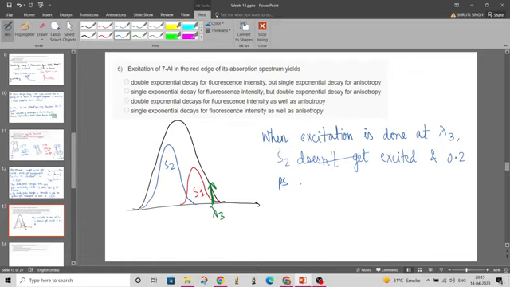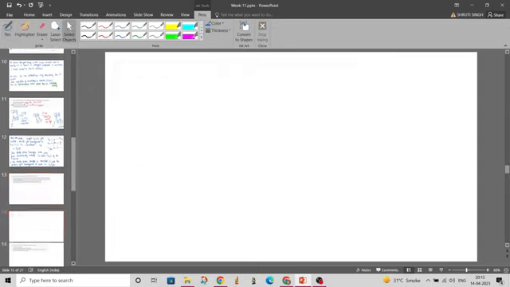The 0.2 picosecond component should not be seen or observed. Okay, and there should be only one component, which is due to the proton transfer, right? So let me draw in the new page.